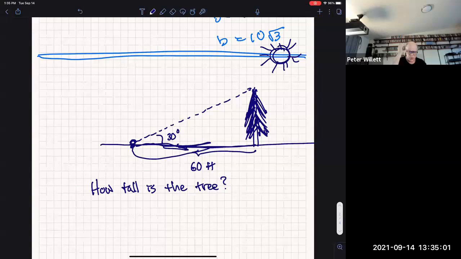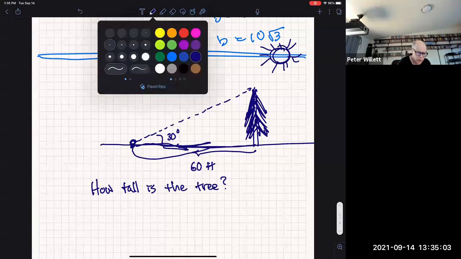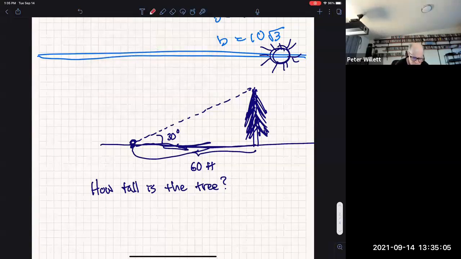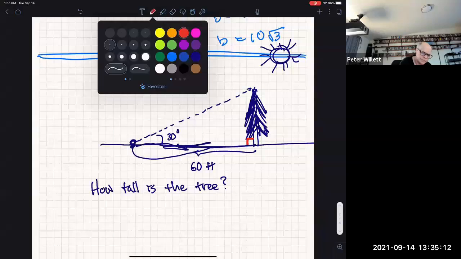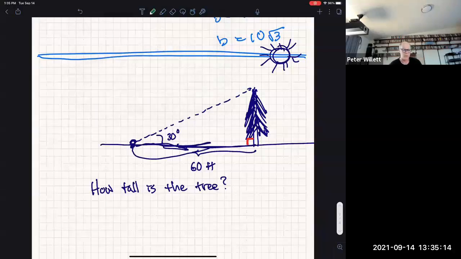So because the tree is straight up and down, I'm going to just make sure everybody is clear that that means that this is a right angle of a triangle that's formed here. So the shadow on the ground is 60 feet. The angle up to the top of the tree from the top of the shadow is 30 degrees.